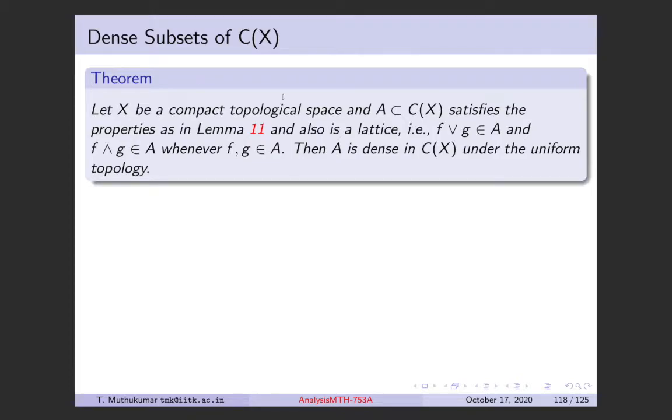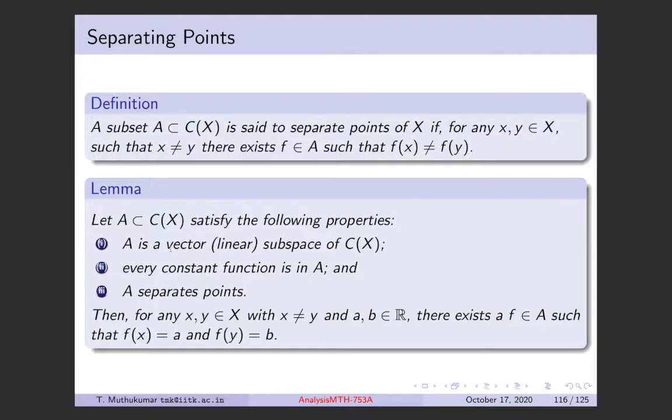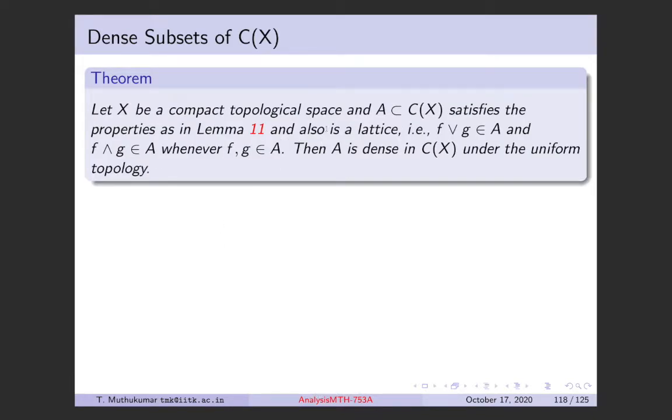So if X is a compact topological space and A is a subset of C(X) satisfying the properties here, so A satisfies all these three properties, and in addition it also satisfies the lattice property, which basically means that if two functions belong to A, then the maximum of the two functions also belongs to A and the minimum of the two functions also belongs to A. That's what this wedge notation means: the maximum of f and g and the minimum of f and g are also in A. So A is closed under maximum and minimum as well.